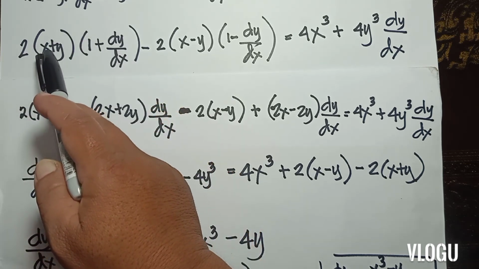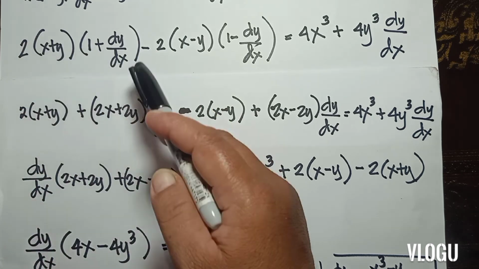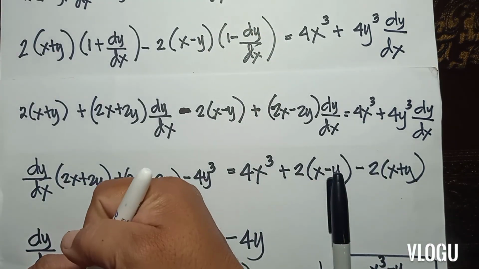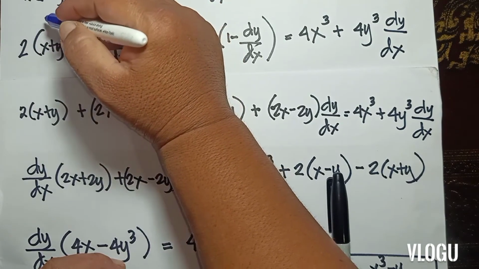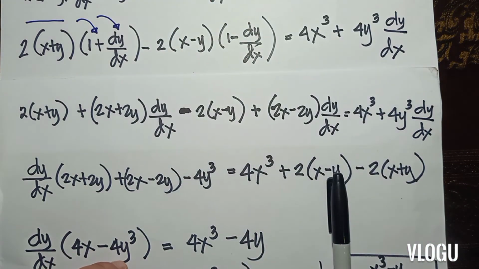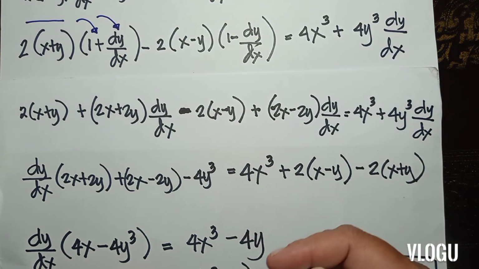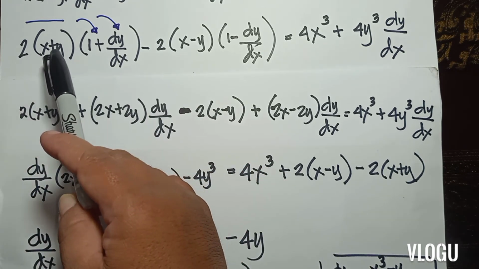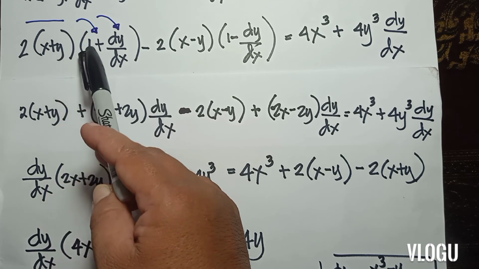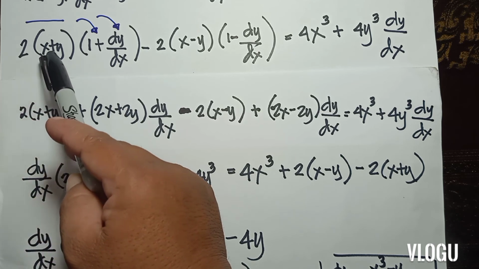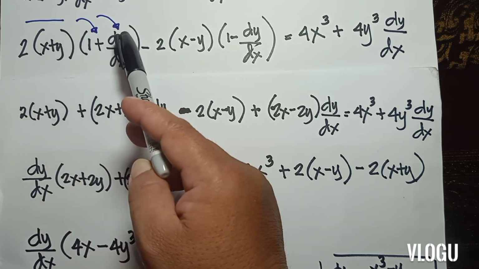So that's the reason we have 2x plus y plus (2x plus y) times dy/dx.